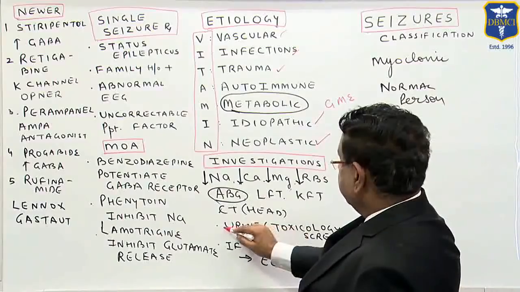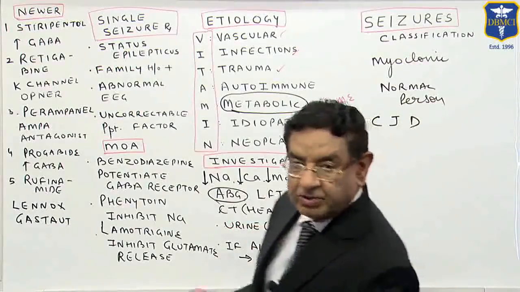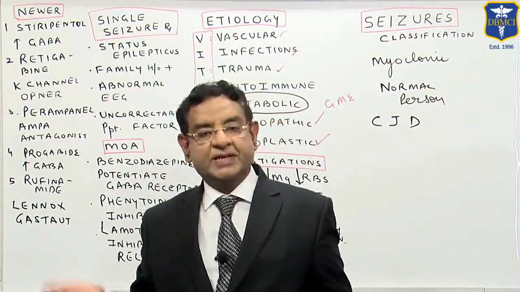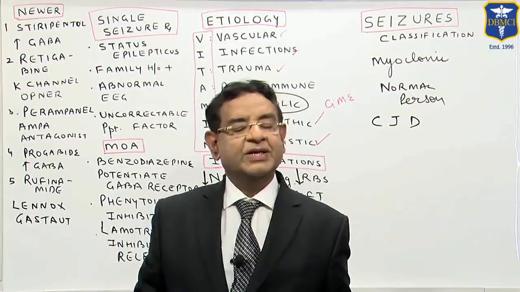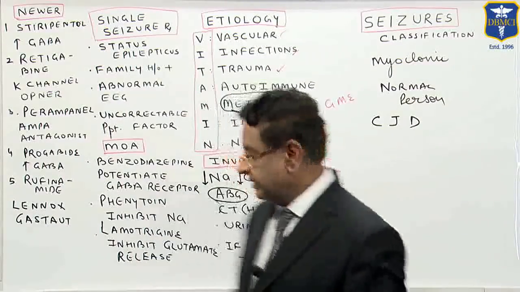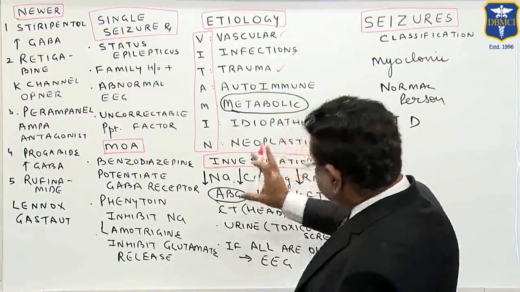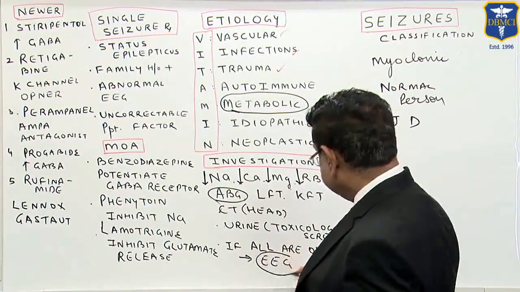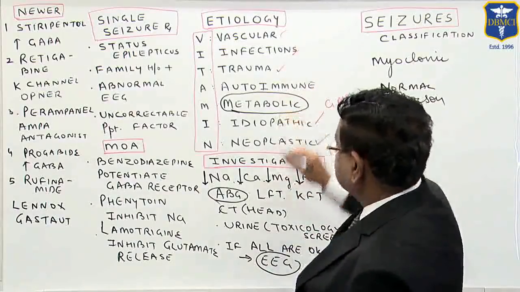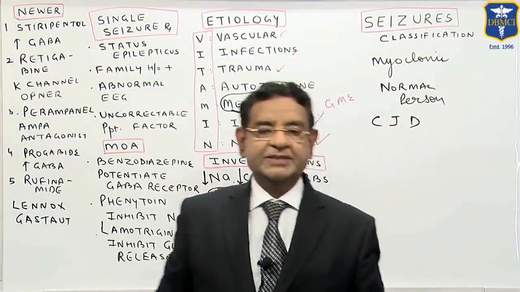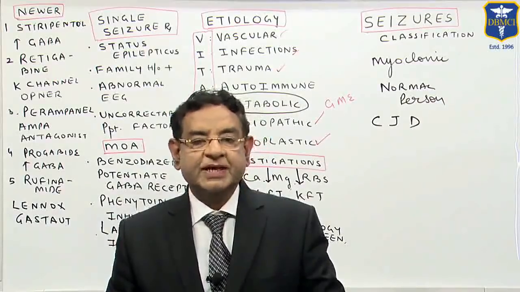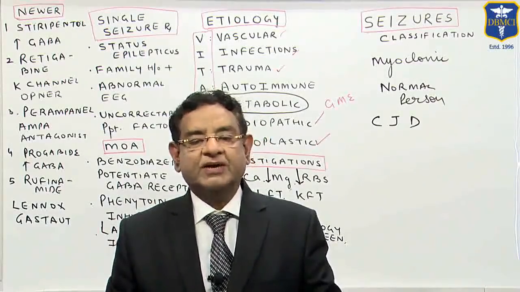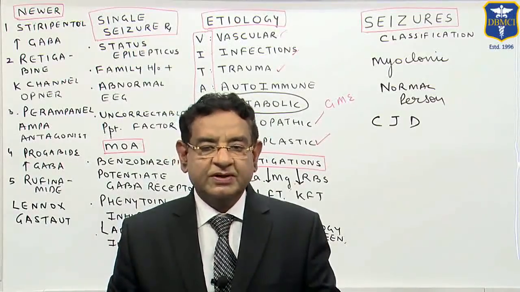You like to investigate urine for toxicological, because there are very toxic compounds, especially drugs also like aminophylline, which can lead to seizure. And if all these are normal, then you go for EEG. Then we presume that none of this cause is there. Perhaps it's idiopathic, right? Then we start the management part.